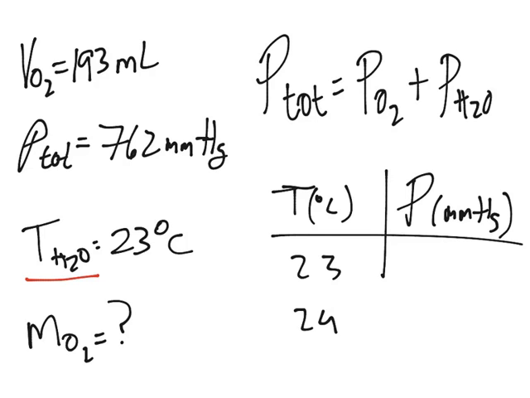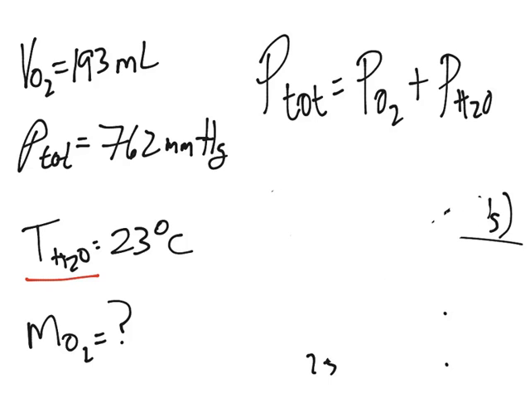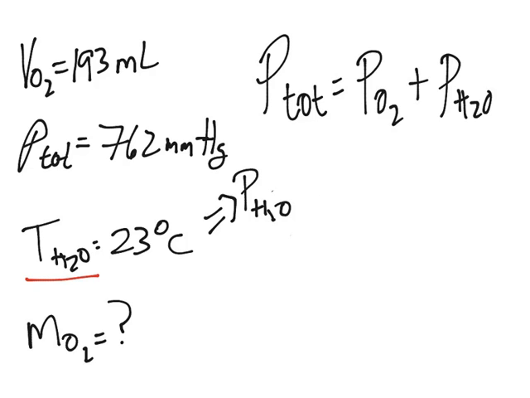When it's 24, it'll be something. When 25, it'll be something. Now, in this case, they don't give you the chart, but you can just look it up, and it's about 21.1 millimeters of mercury. So this is telling us that the pressure of H2O is 21.1 millimeters of mercury.